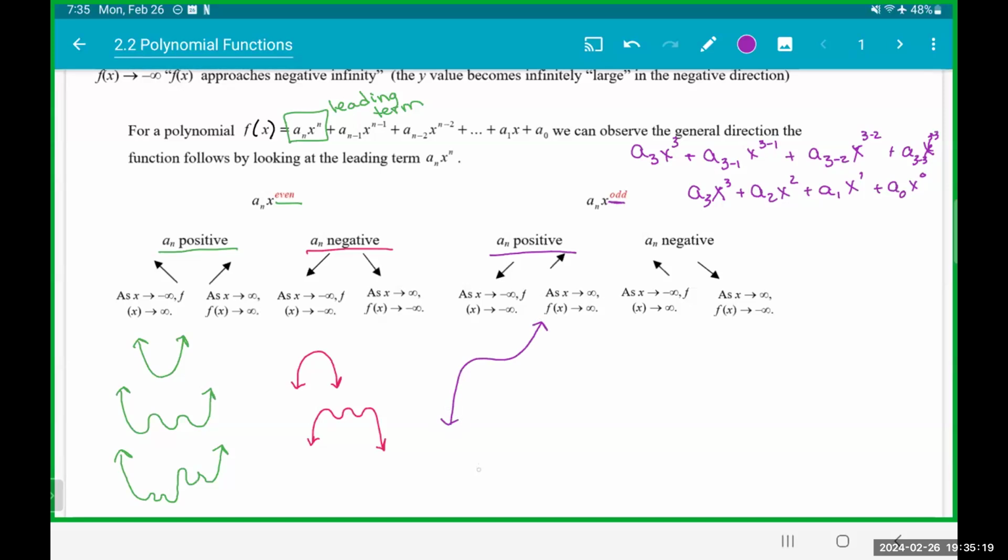It could be something like that as well, but to the left we're dropping, to the right we're rising. And the last one is if a_n is negative and the exponent on x is odd, then it's going to be the opposite. So we'll be increasing to the left, decreasing to the right. And it could be anything like that.